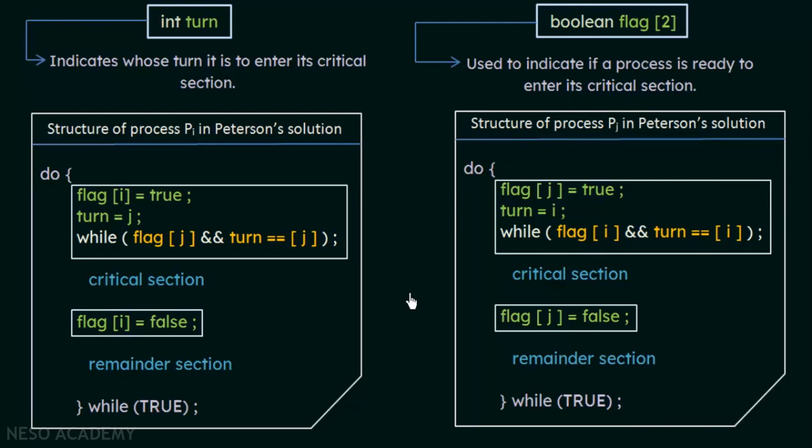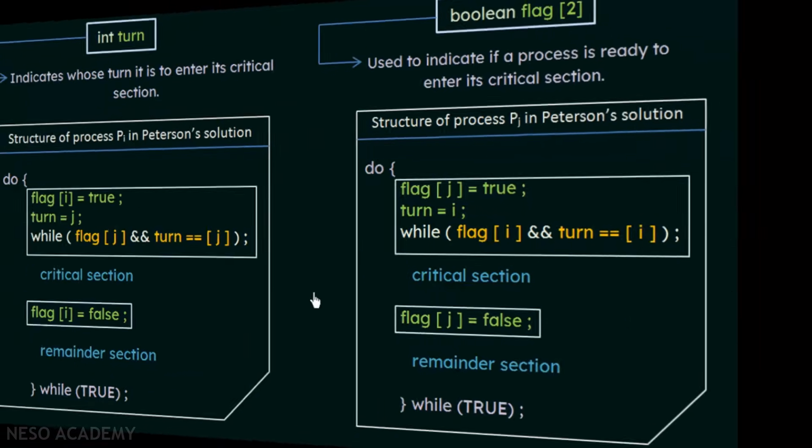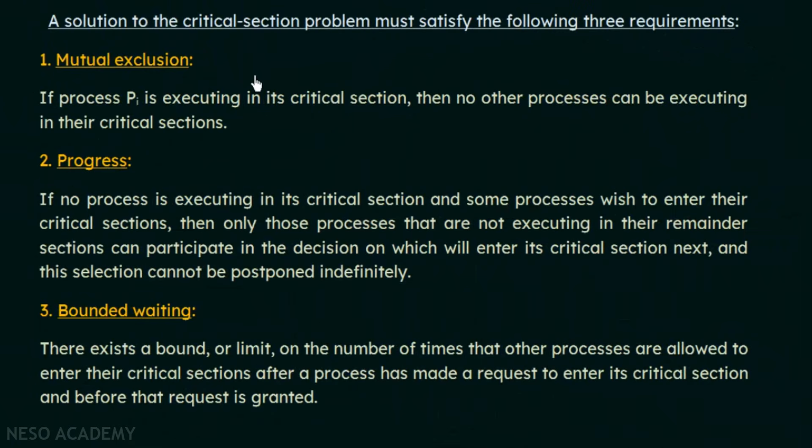Now let us see if all the requirements of the critical section problem solution are fulfilled or not. In the previous lecture, we have seen that a solution to the critical section problem must satisfy the following three requirements: mutual exclusion, progress, and bounded waiting. So is mutual exclusion preserved?